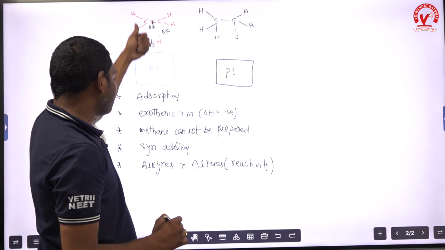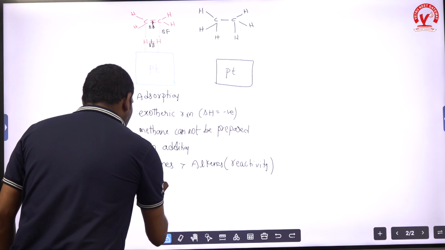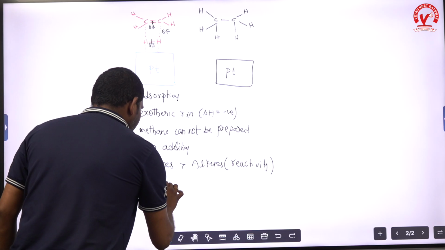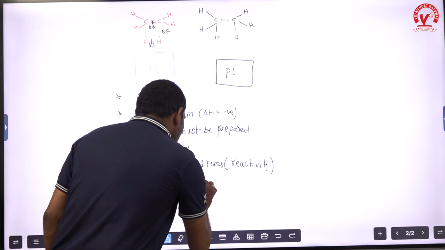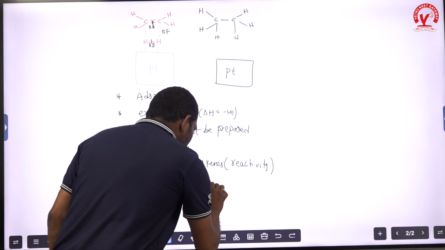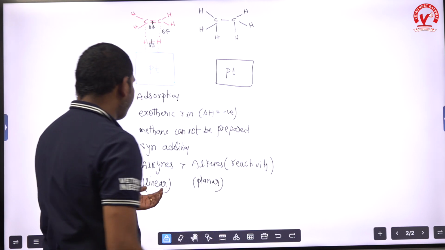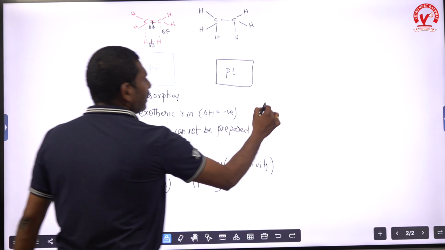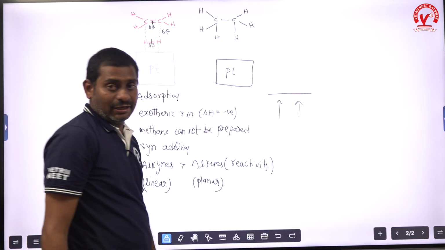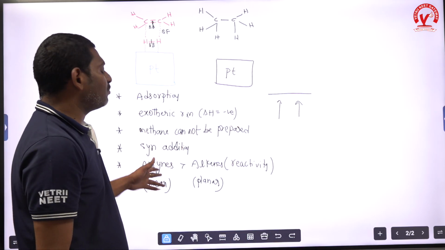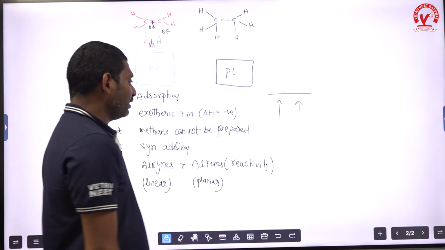Alkyne is linear in shape and alkenes are trigonal planar. So if you take a linear molecule like this, the hydrogens will attack easily on both sides. That's why alkynes are more reactive than alkenes.